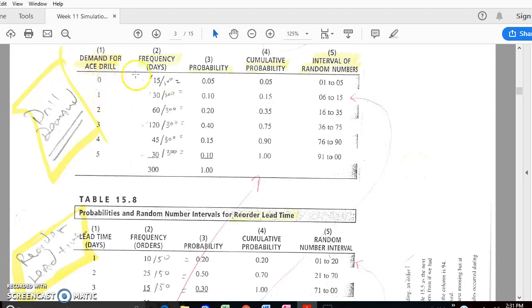But drill demand, 15 times it was 0, 30 times it was 1, all up to 300. We divide by 300 to get our probabilities. We develop our cumulative probability distribution as we did just a second ago, and then create our interval of random numbers. We do the same thing for our reorder point here.